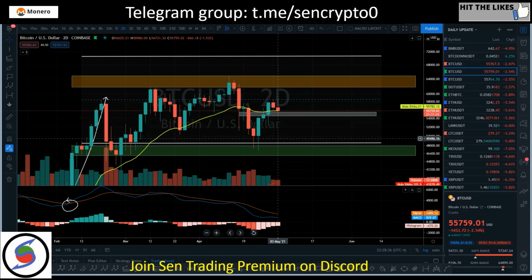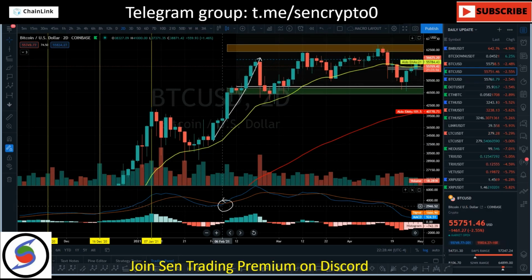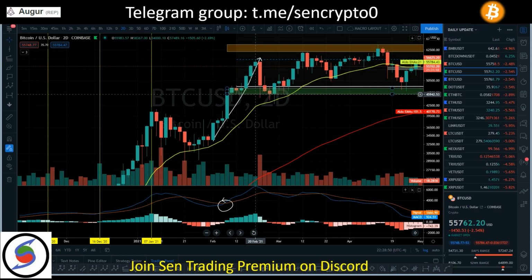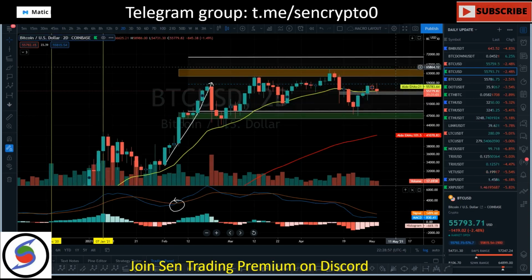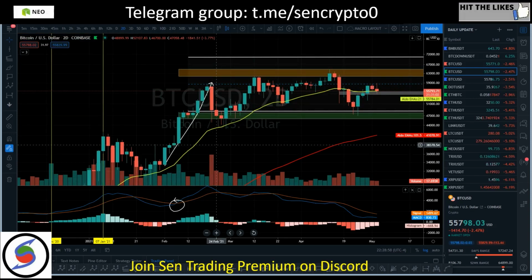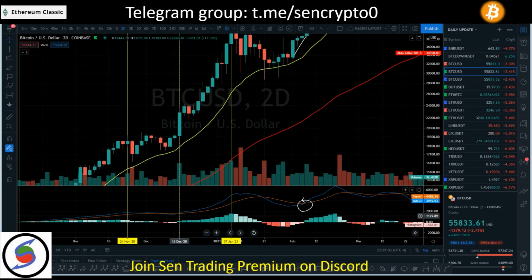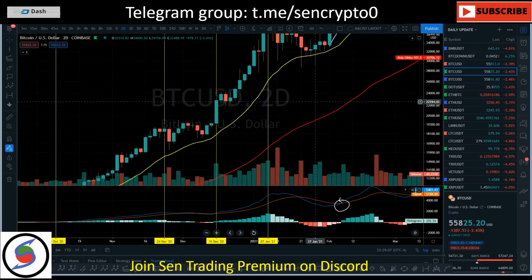So right here, you take a look at it after we flip bullish, right? One of the reasons why it is so important to get a positive MACD is that whenever we flip bullish, we can pump for at least 2 weeks or so, okay? We can get a nice pump straight up to the upside and create a new all-time high above like 65k and so on. You take a look at the move we got back in December 16 right here, and I said it, if the MACD flips bullish, we're going to be going to the moon, okay?